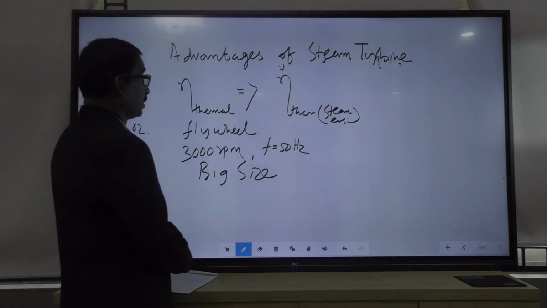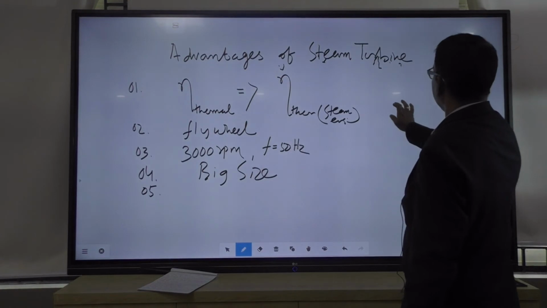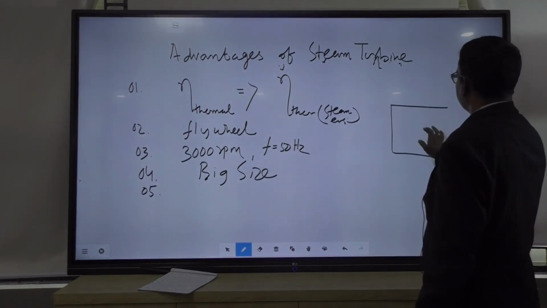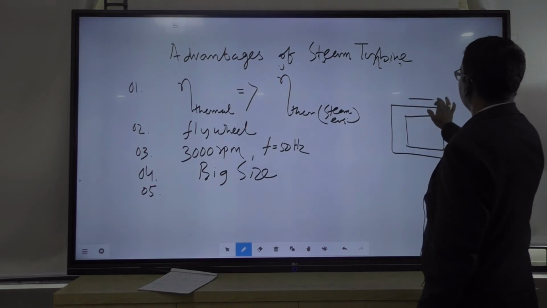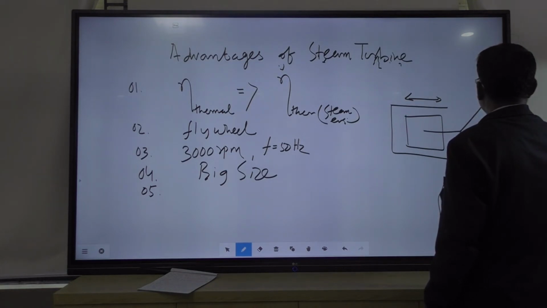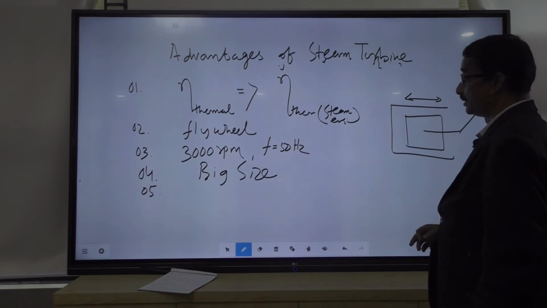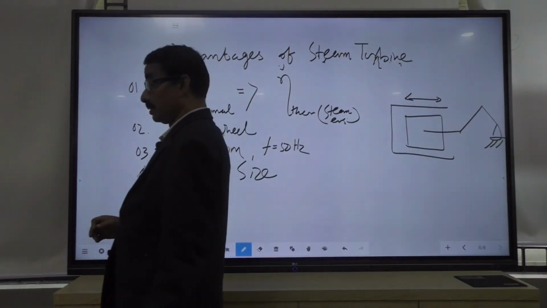Reciprocating means cylinder and piston action, to and fro, with a piston rod, crank, and connecting rod. This is the case in a steam engine, but this piston cylinder is not there.